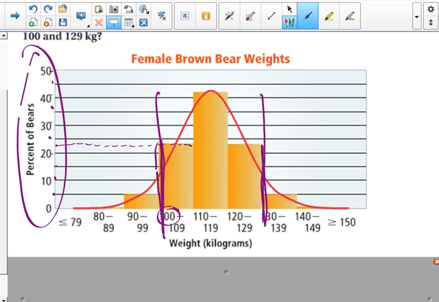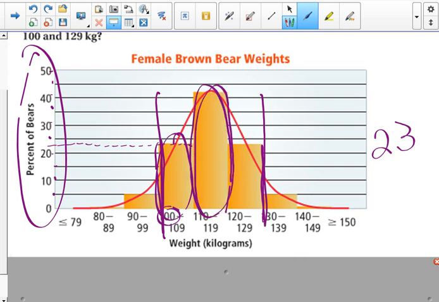So let's look at where this first one lays. When you bring it over, it's at about 23, 24. Let's call it 23. So there's 23% in this range. And in this first standard deviation range, we're at about 42. Do you see that?